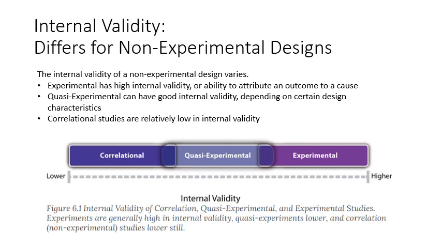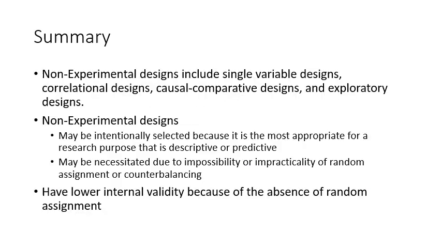But we can't tell what direction. We can't tell whether one variable predicts the other or whether the latter variable predicts the former. And that's a challenge with correlational designs. So in summary, non-experimental designs include many designs, but the ones we're talking about are single variable designs, correlational designs, causal comparative designs, and exploratory designs.